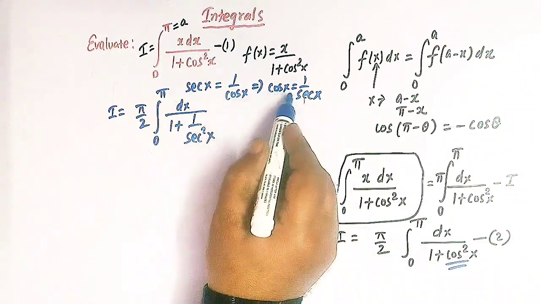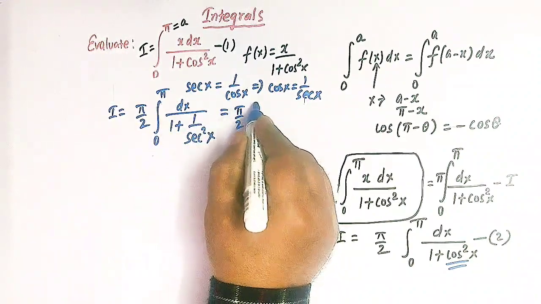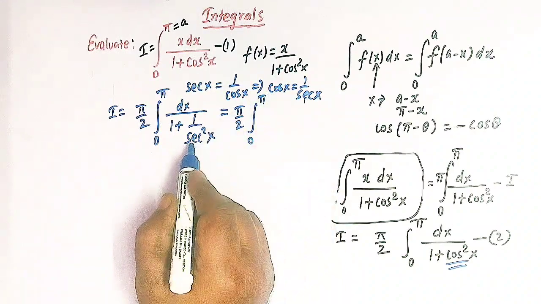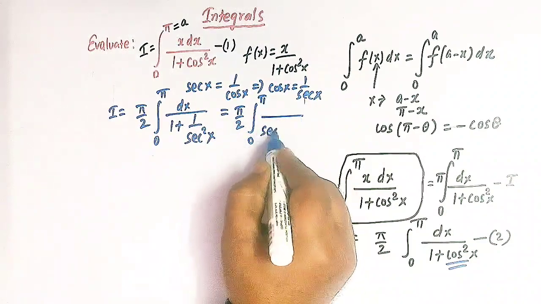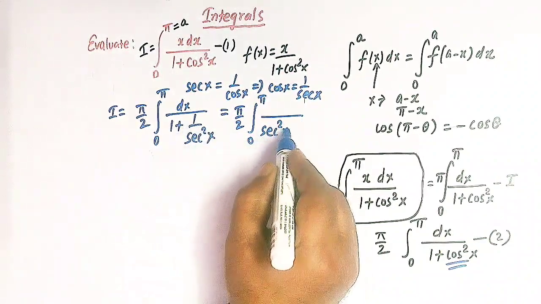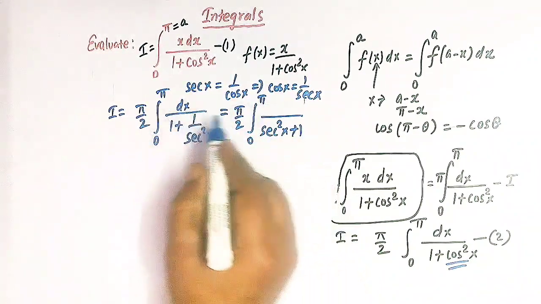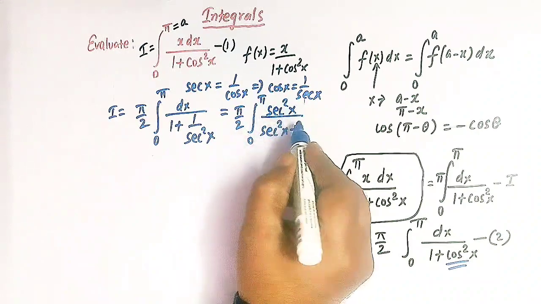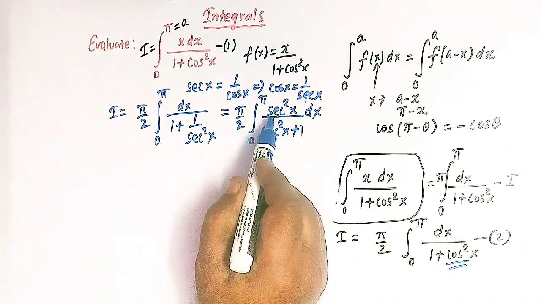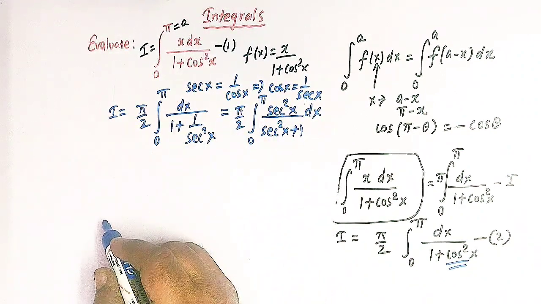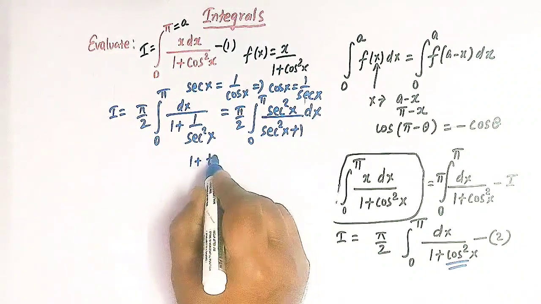For cos x, we can write 1 over secant x, and simplifying this term, we have pi by 2, 0 to pi, and secant square x times 1 is secant square x. Taking secant square x to the numerator, we have secant square x dx.